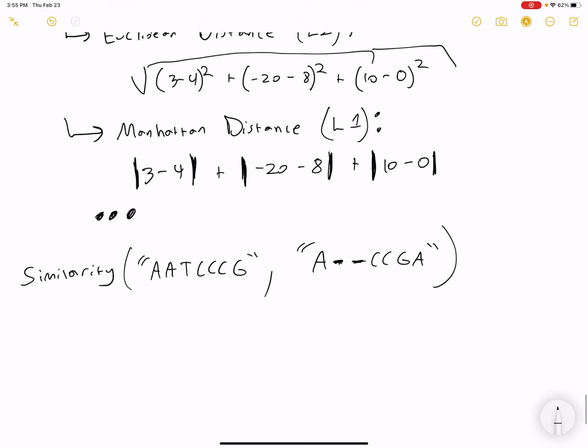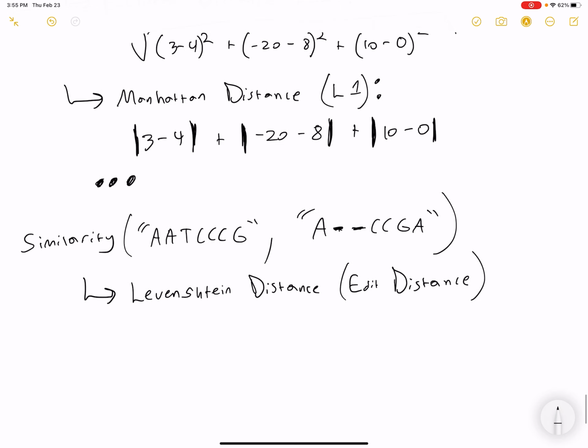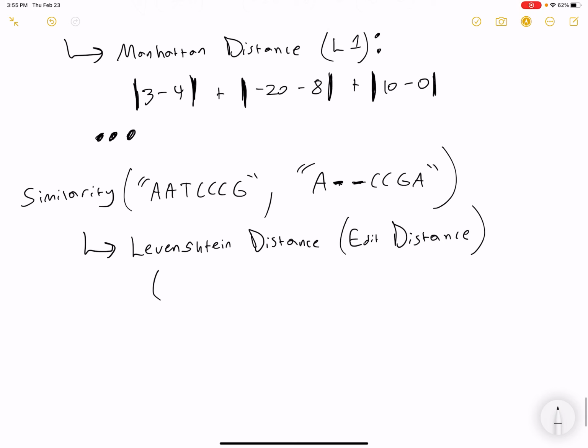But another way to do it, if you don't want to represent it that way, is to calculate something called the Levenshtein distance, named because the person who invented it had the last name Levenshtein. This is often also called the edit distance, which is perhaps a more descriptive name. And this is a string similarity metric that's used in word processors and all sorts of things, text processing, but also in bioinformatics.